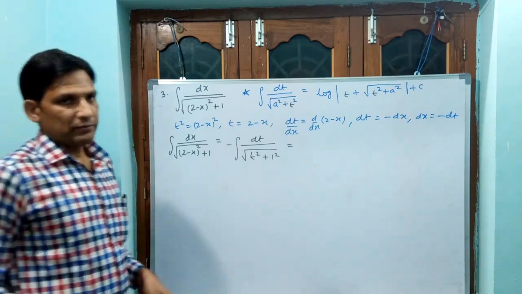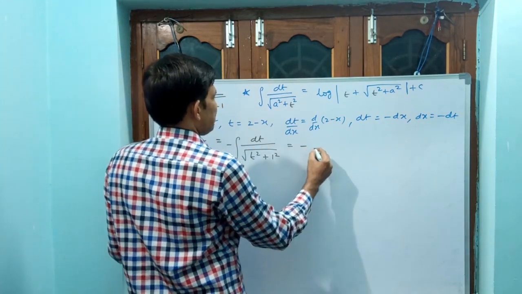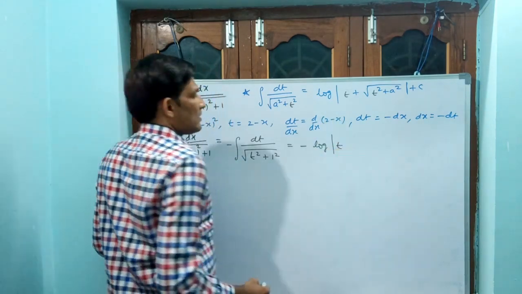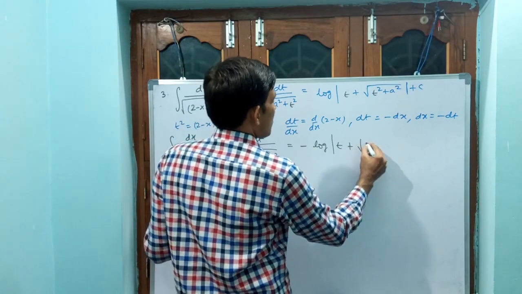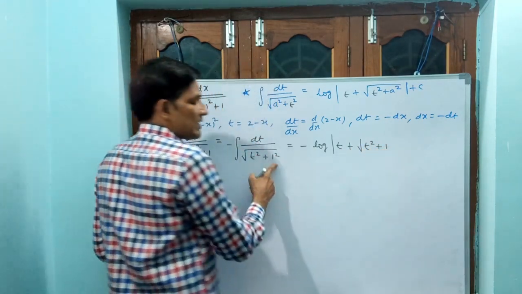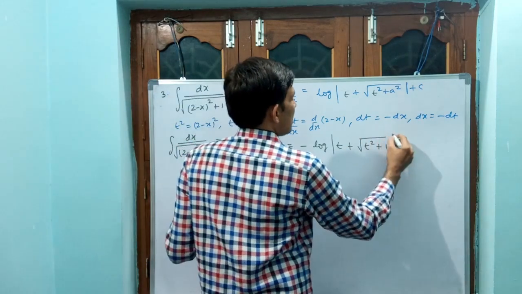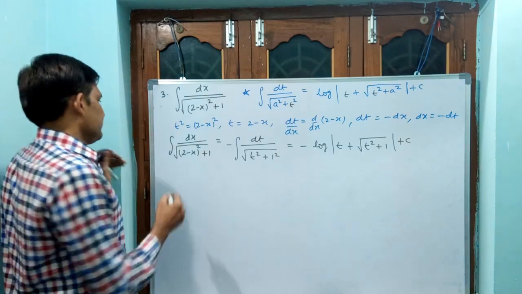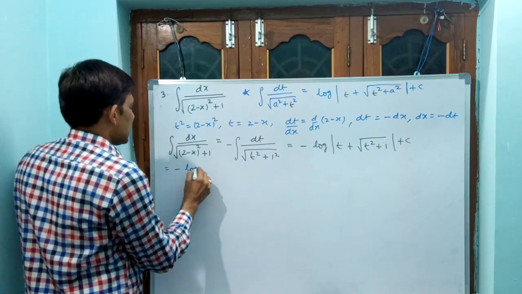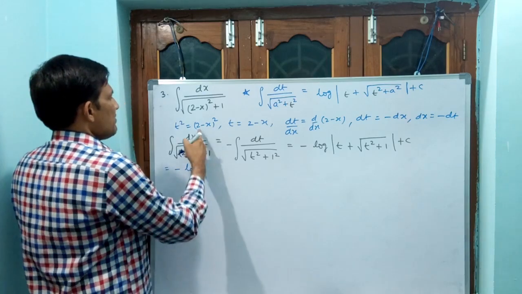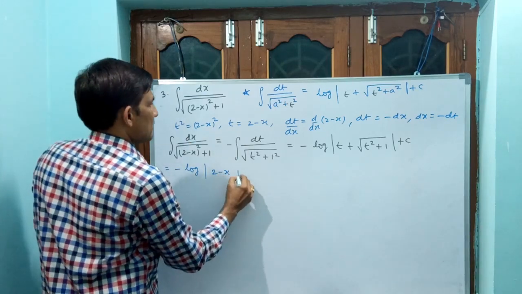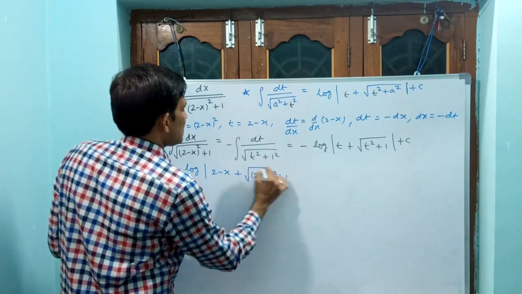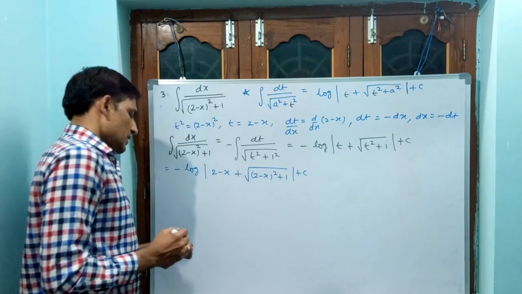Write down minus log of t plus square root of t square plus 1, because here a square is 1, plus c. Now you substitute t: that is equal to minus log modulus of 2 minus x plus square root of (2 minus x) whole square plus 1, plus c.